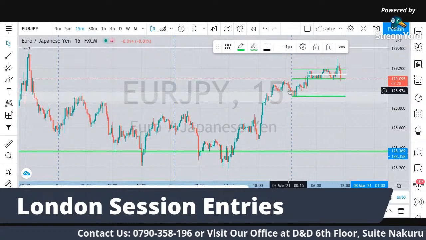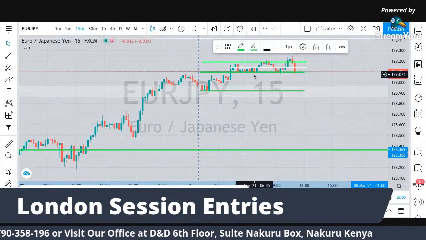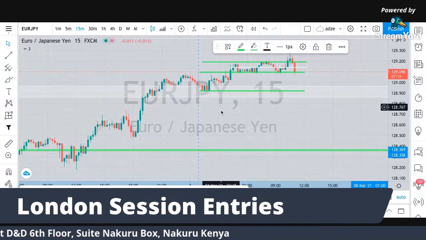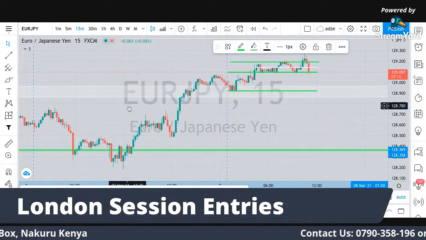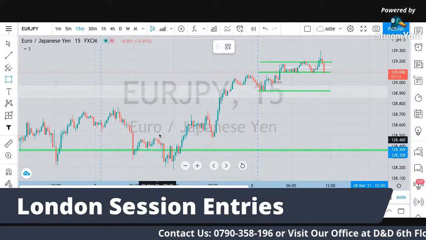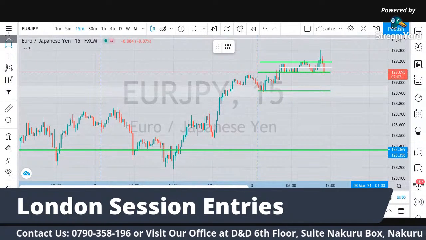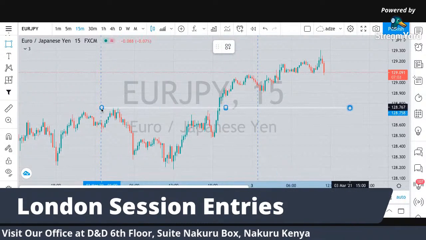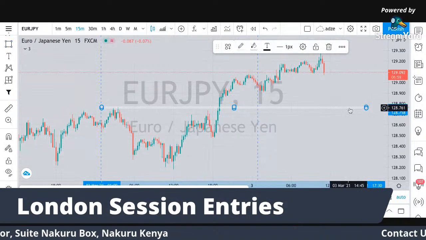So what I was expecting today is price to retrace a little bit up to this level, up to this level. These are areas of interest because this was the Asian high.